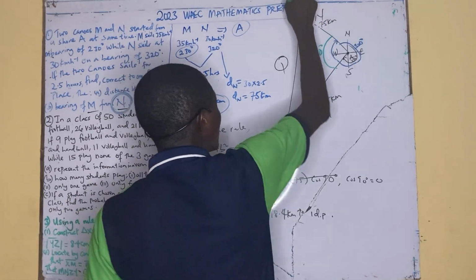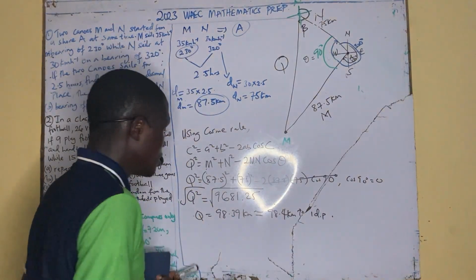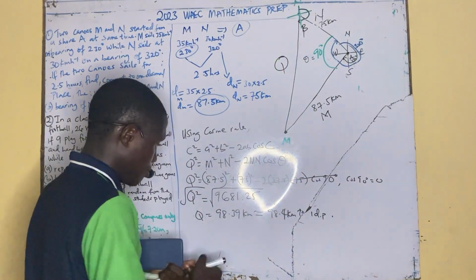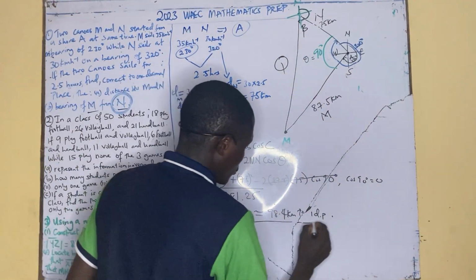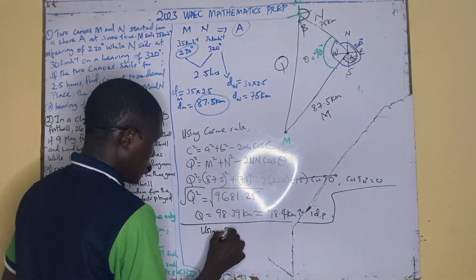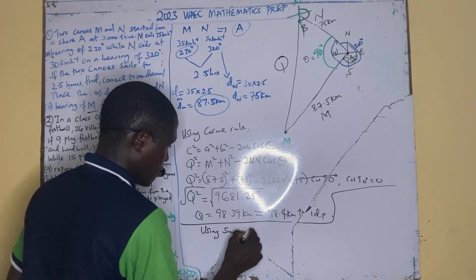This is MN. So now the first thing is to get beta using the sine rule. I will use the sine rule here to get beta first. You have to get our beta first.